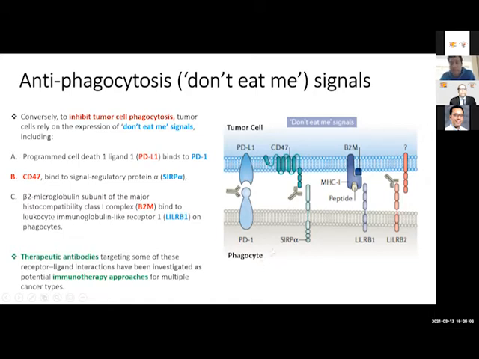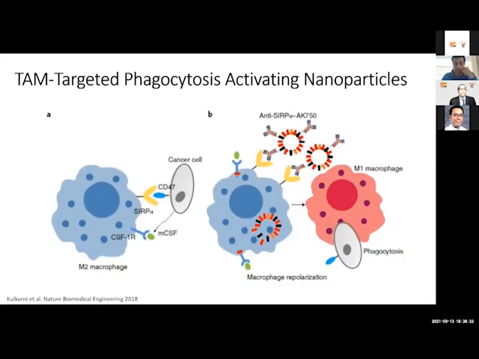If this interaction occurs, this will inhibit tumor cell phagocytosis. And of course, cancer cells try to increase the exposure or upregulate these factors to tip the balance to the side of anti-phagocytosis so that they can survive and overcome the function of macrophages.